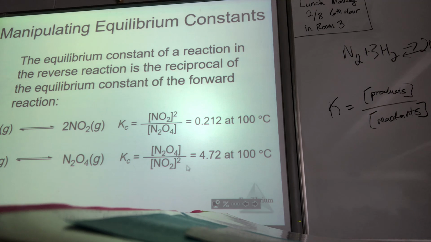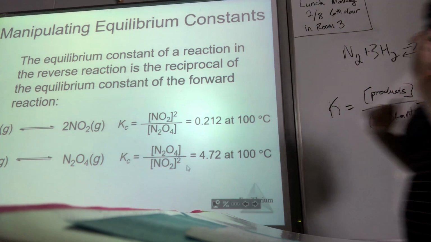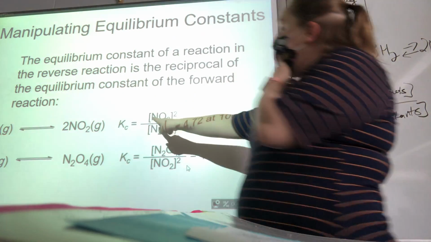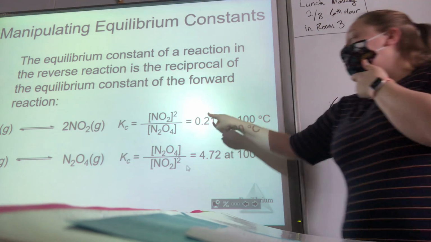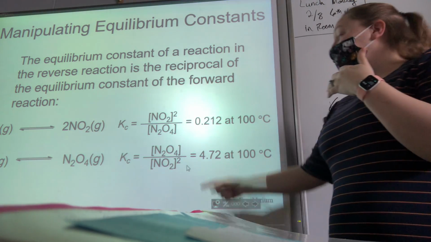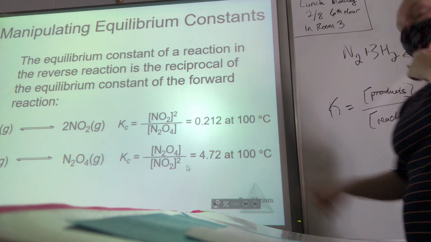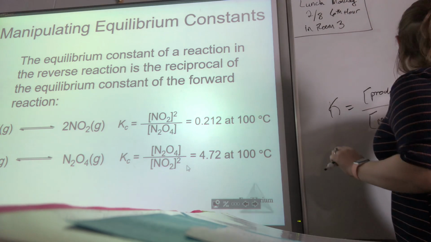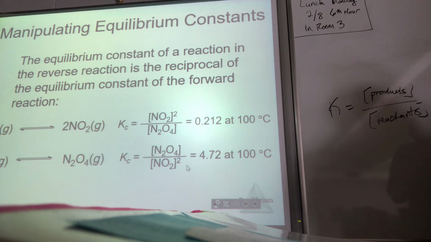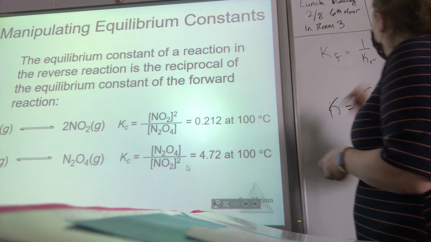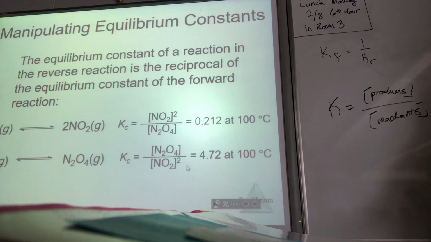If we want to manipulate our equilibrium concentrations, let's say we wrote one version of our reaction. Remember, we can write the reverse. So this is the forward, this is the reverse. The K value for this first one you're given is 0.212. If we want to know what the K is for the reverse, all we have to do is take 1 over this number to get the K. So, in your notes, it will be helpful if you write: if you want to reverse your reaction, you want to know the K of the reaction.